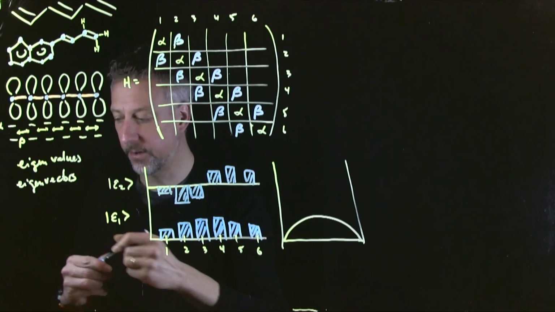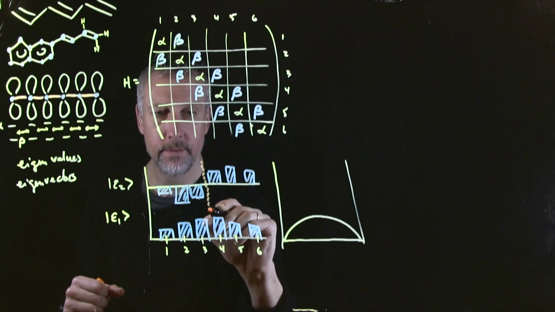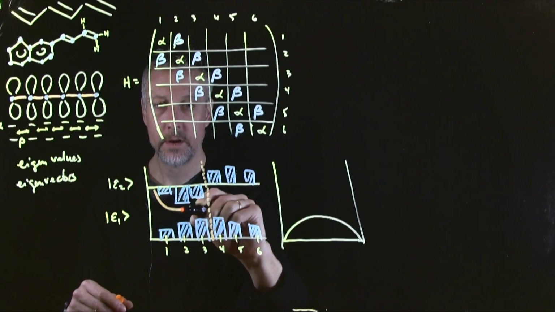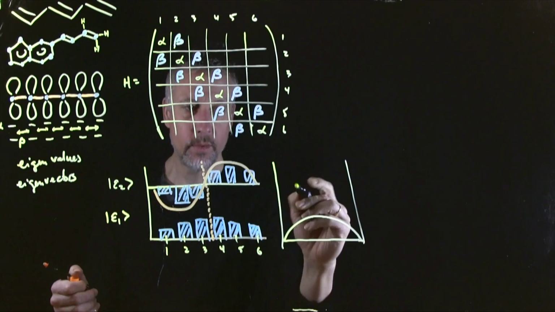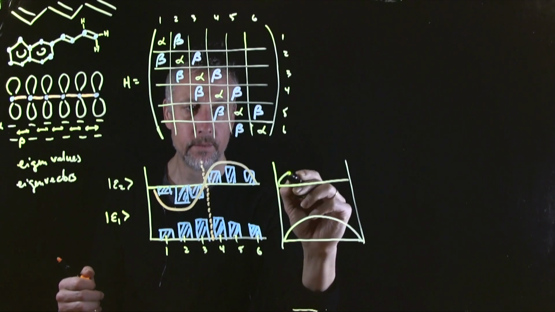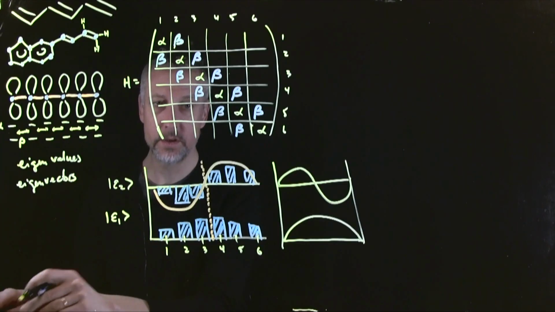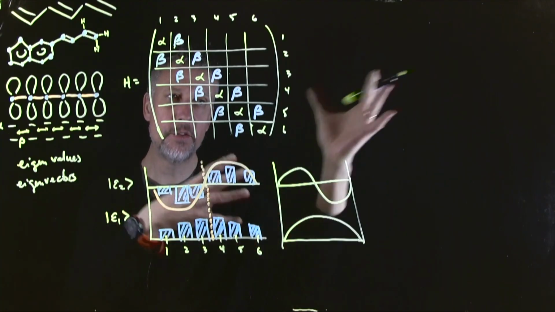But what's interesting here is right in the middle of the molecule, you have this node, right? And this node resembles the first excited state of the particle in the box. Well, that automatically comes out when you do this Hamiltonian. Okay? And you'll see the results here.